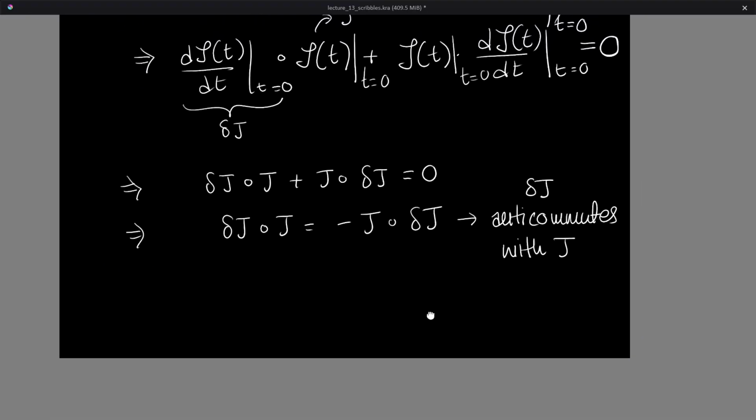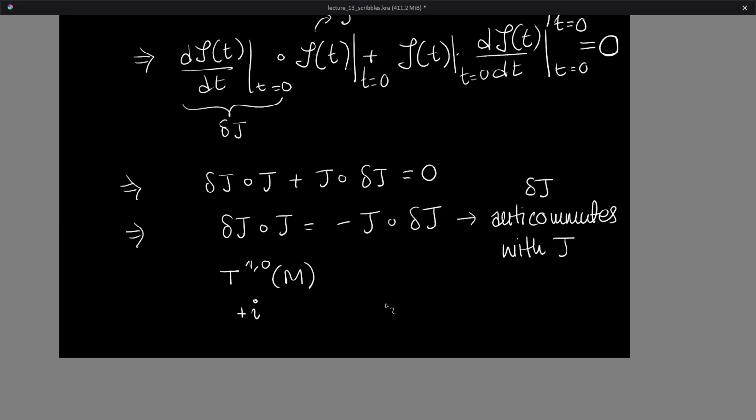So what do we do with that? Well, if it anticommutes with J, then what do we know? That applying delta J after J and applying delta J before J has a minus sign between them, right? So if I take something from the holomorphic tangent space, T^{1,0}, then the eigenvalue is plus i, right?